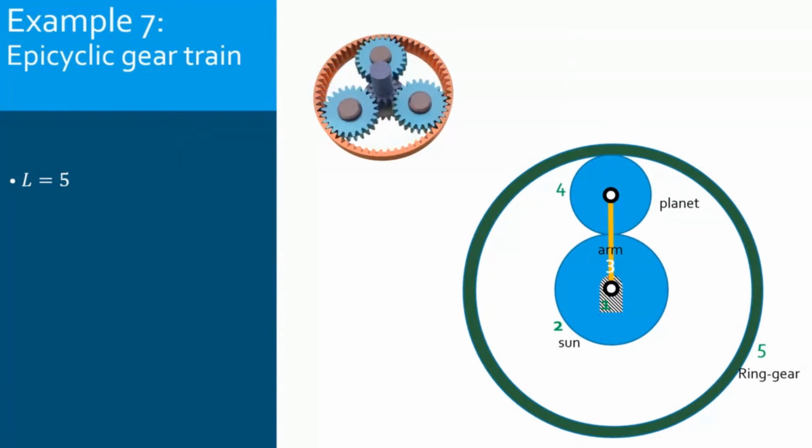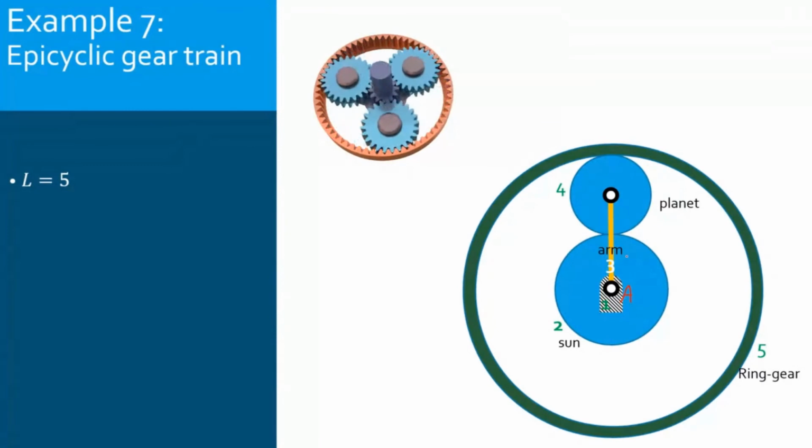So the arm is rotating around, let's say, this central pin joint, let's call it A. The sun is rotating about A. The arm in yellow here is rotating about A, and the ring is also rotating about A. Just in between, I have the planet, which is rotating about B. And AB is the arm. So B is the other end of the arm.